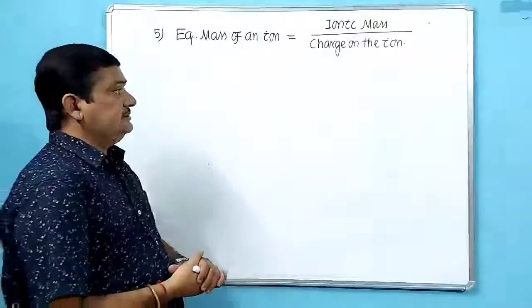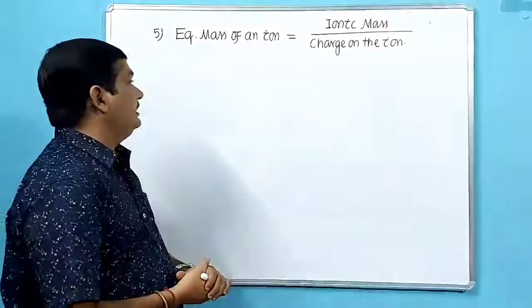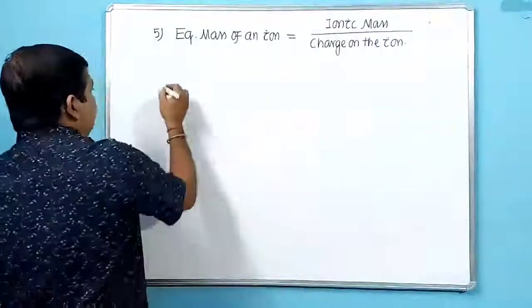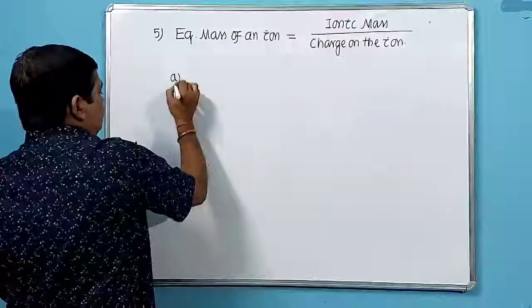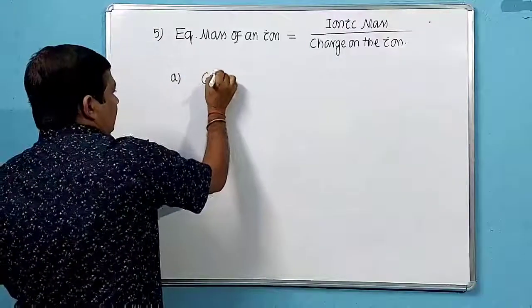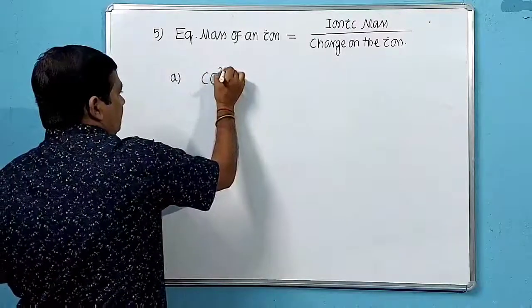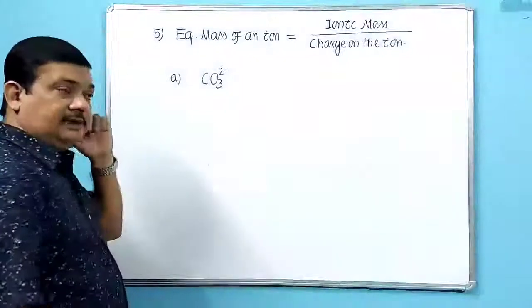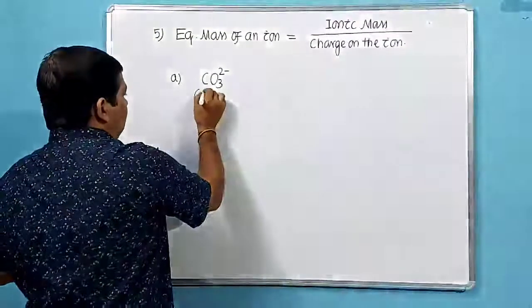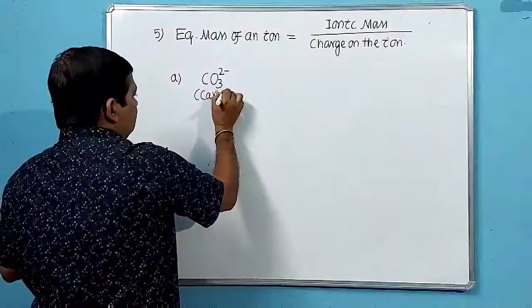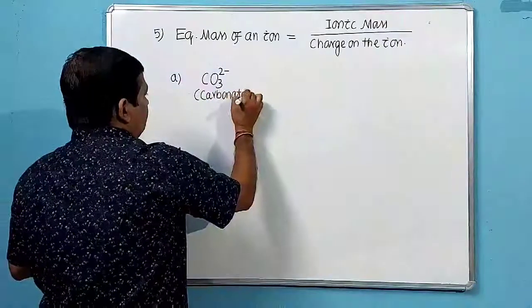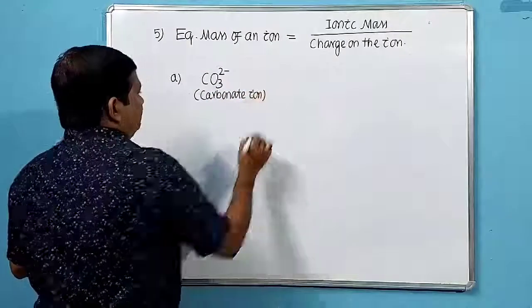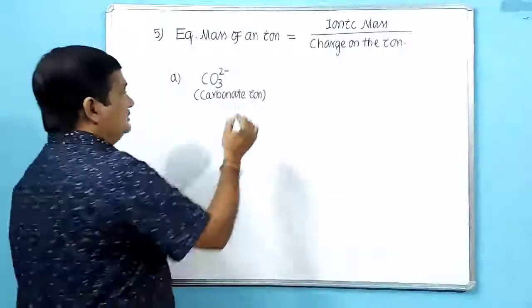Same thing. So ionic mass divided by charge on the ion will give you the equivalent mass of an ion. For example, let us calculate the equivalent mass of carbonate radical or carbonate ion. CO3 2 minus is carbonate.